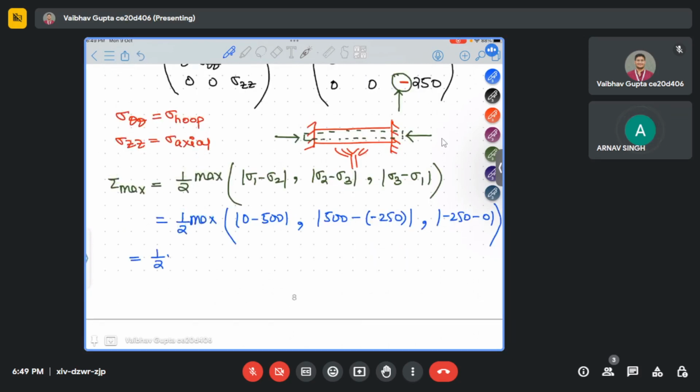So it becomes half of max of 500, 750, 250. What is the maximum value? This one will be 750. So half of 750 is 375 kPa. So this is tau max.